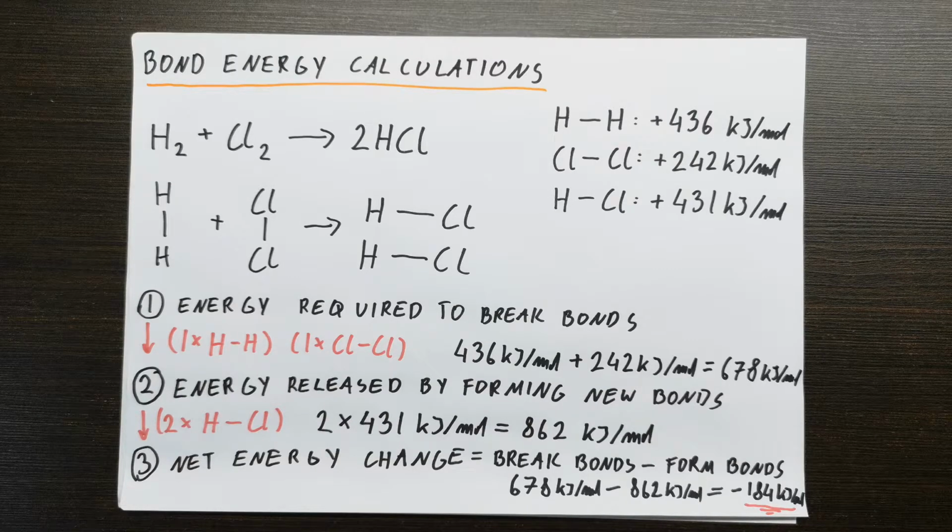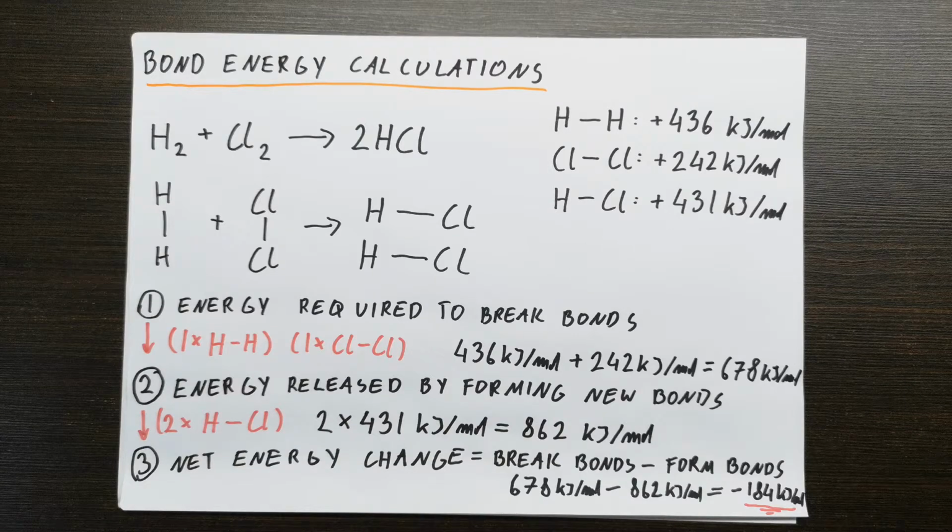So when we're breaking those bonds, we have 678 kilojoules per mole trapped in them, and then when we form the new bonds, we release 862 kilojoules per mole. So we are releasing 184 kilojoules per mole.